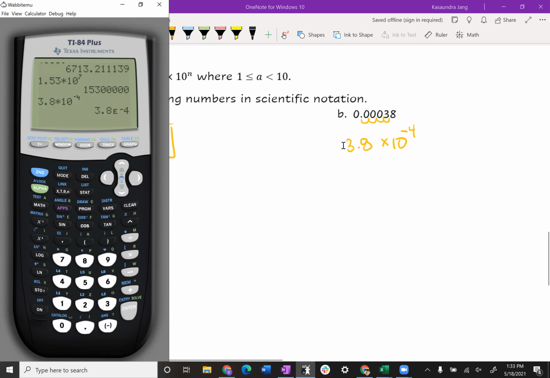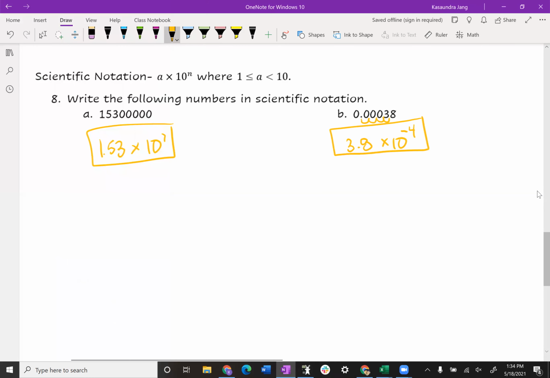It would have 3 zeros. And then the 3.8, they actually kind of gave me my answer. They gave me the scientific notation, 3.8. And then this E in my calculator means times 10 to the -4. So it actually does give me my answer, but if I'm moving the decimal over to the right, I had to have a negative exponent. When I was moving my decimal over to the left, I had a positive exponent. All right, there we go.